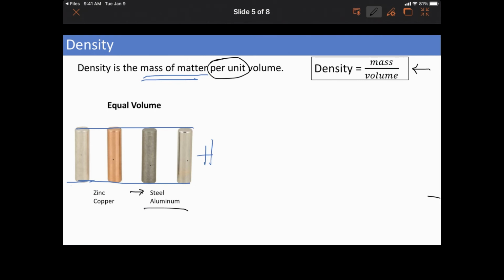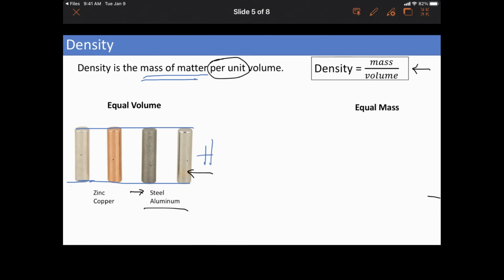Or vice versa. Often I think of statues or garden things. I pick it up and I'm like, oh, it's really light, I thought it would be heavier. And that has to do with its density. So you can have many things with the same volume, but when you pick them up, their density is different because the matter they are made up of is not the same. Some are more dense than others.